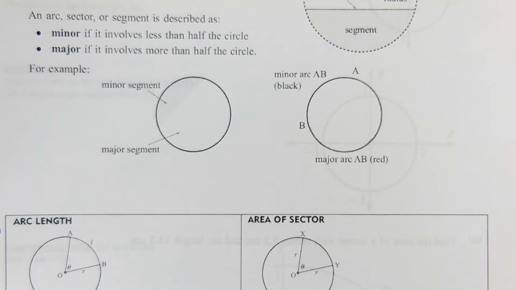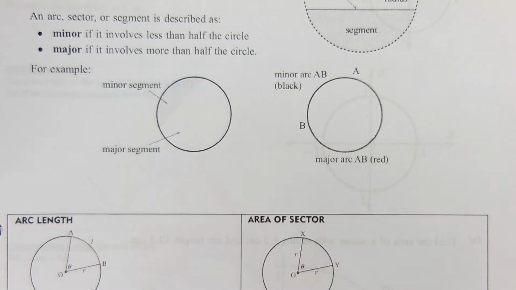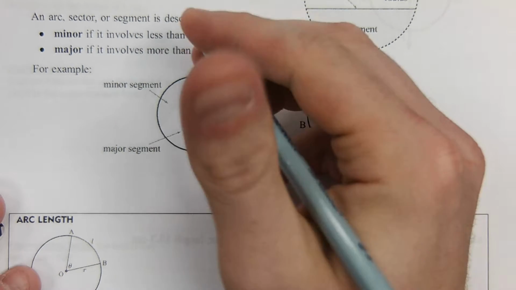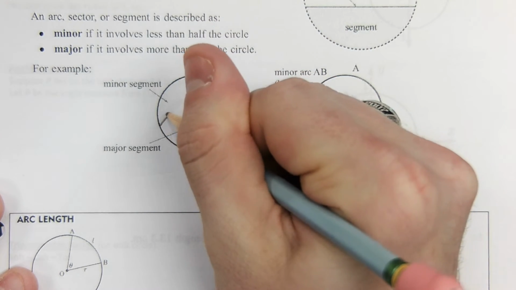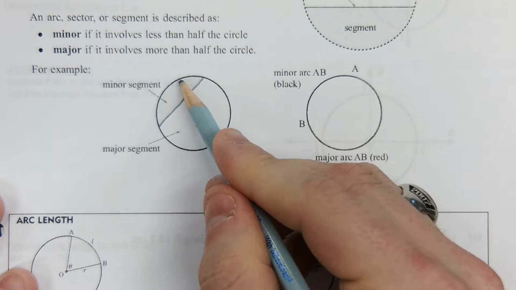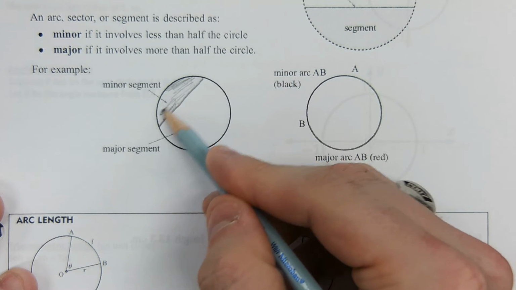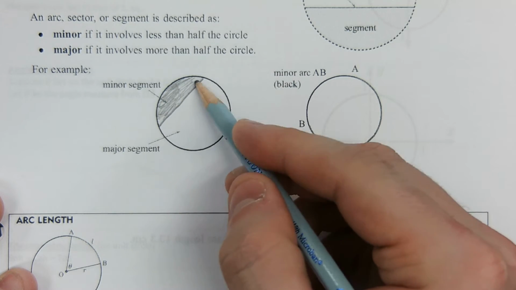It's kind of hard to see in this picture, so I'll shade it in, but you have a chord here, and this segment is shaded. It's a minor segment because it's less than half of the circle.